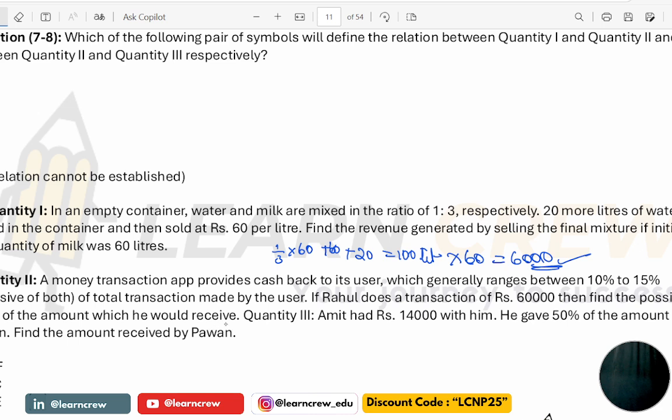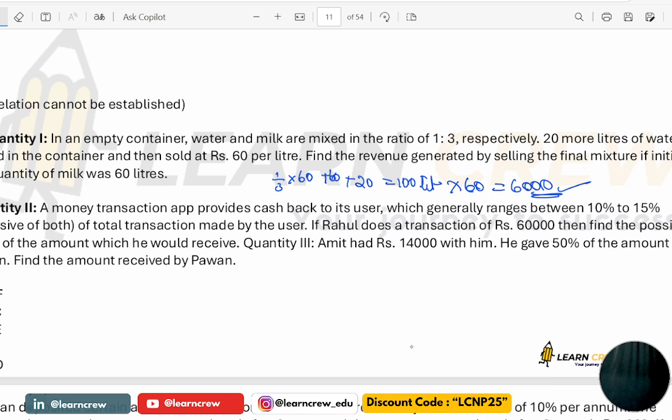What about quantity 2? A money transaction app provides cashback to its user, which generally ranges between 10% to 15% of the total transaction made by the user. If Rahul does a transaction of 60,000, then find the possible range of the amount which he would receive.